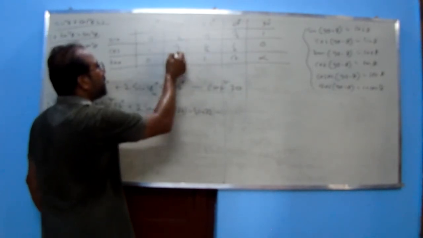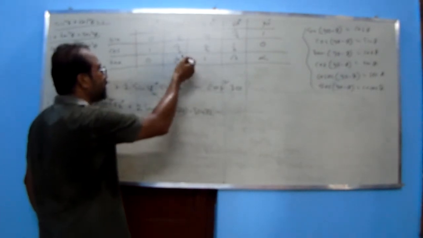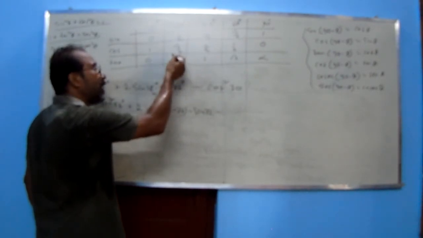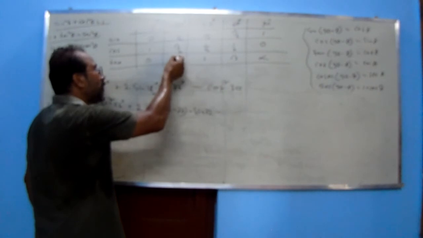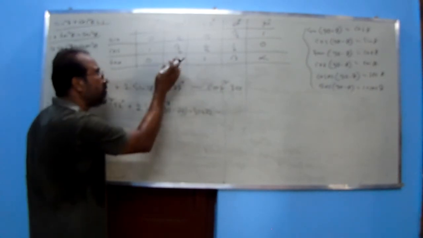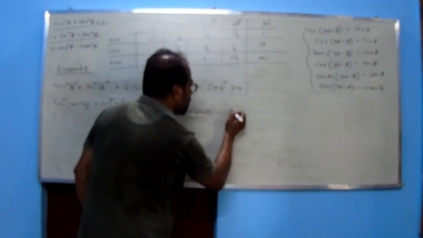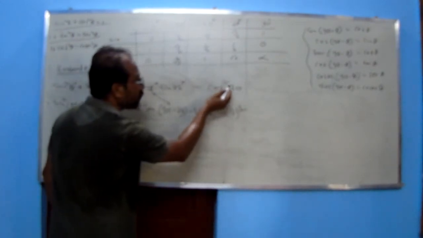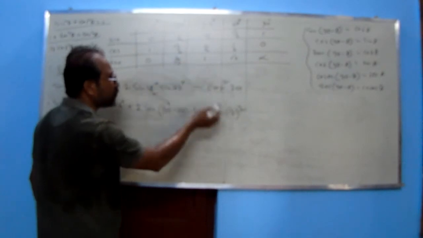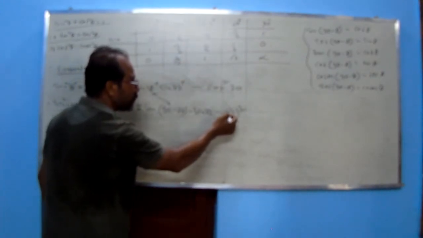So if I am reversing tan 30, which is 1 by root 3, I must get cot 30, so it is simply root 3. So cot 30 value is root 3, and once I am squaring, it is root 3 square.